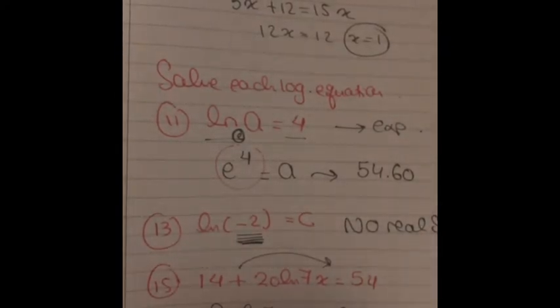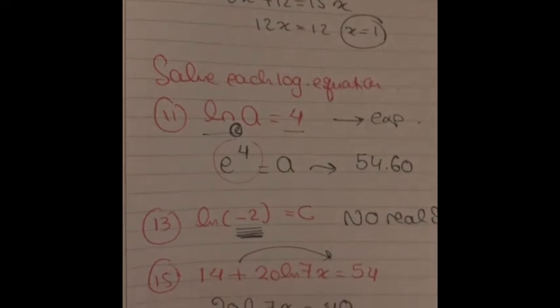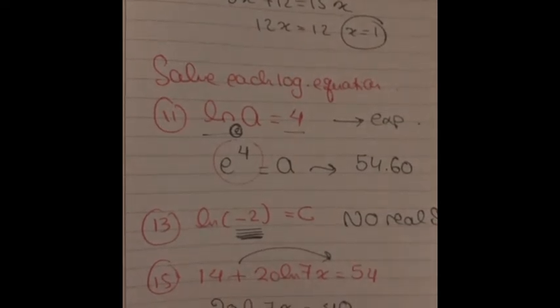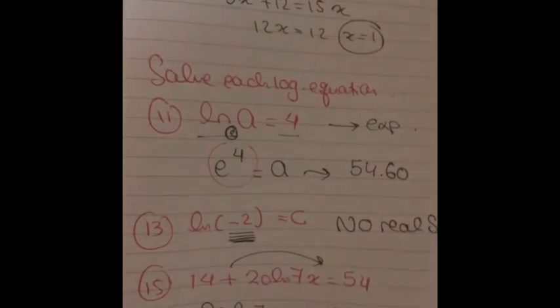And then ln 7x is equal to 40 divided by 20, which is 2. And then I will go to exponential, being e to the power of 2 is equal to 7x, and then x is equal to e to the power of 2 divided by 7, and then the calculator would give you an answer of approximately 1.06. If you have the choices, maybe this would be the choice because you are not allowed to use the calculator.